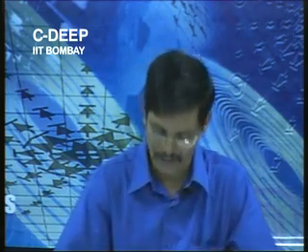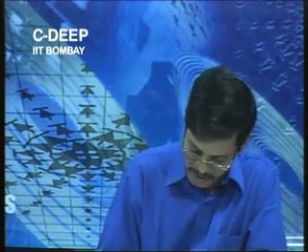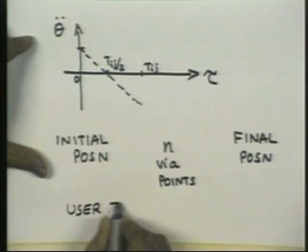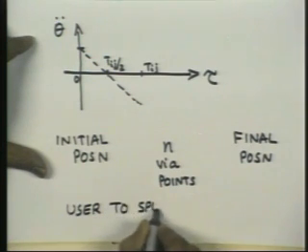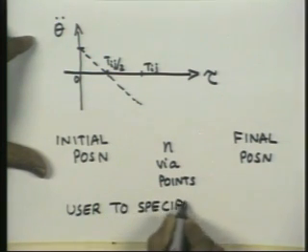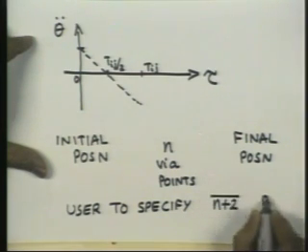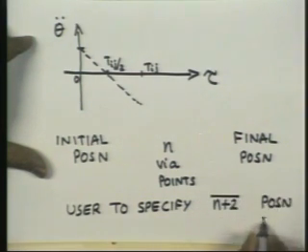For this strategy to be implemented in practice, the user is required to specify n plus 2 positions and velocities.